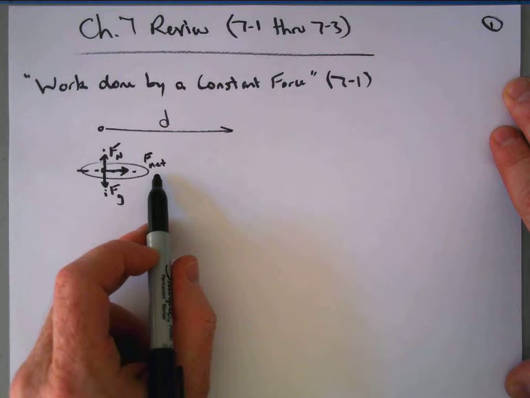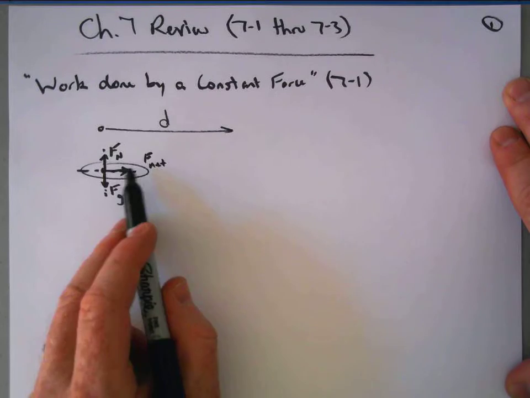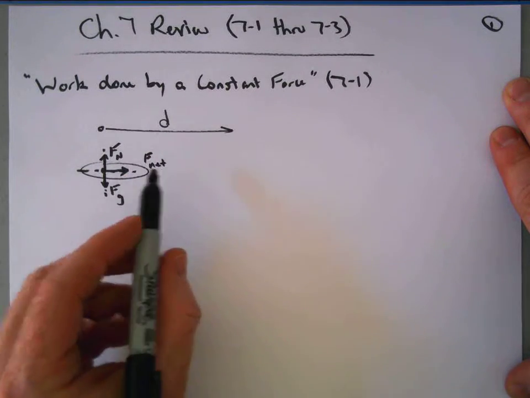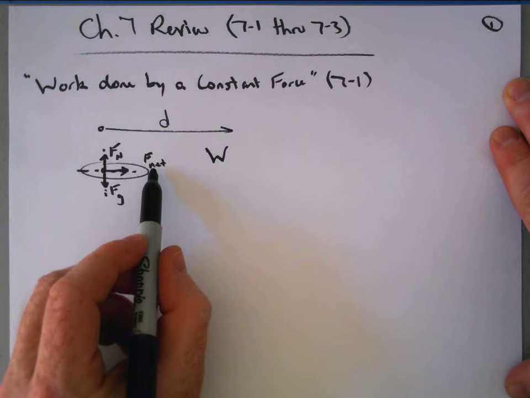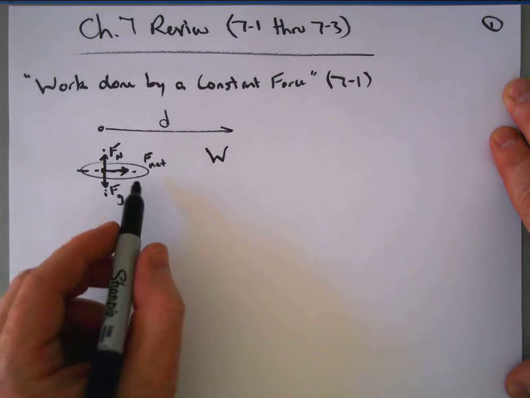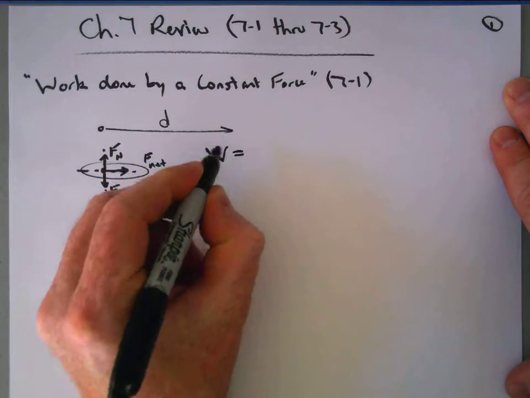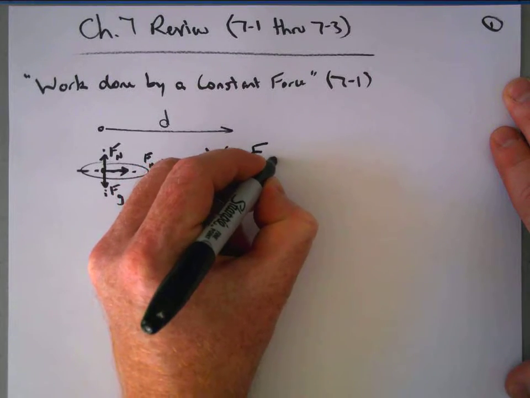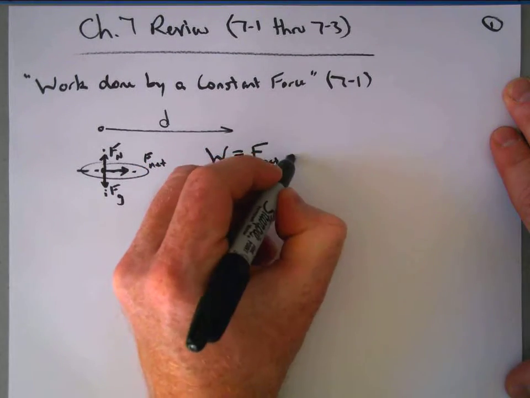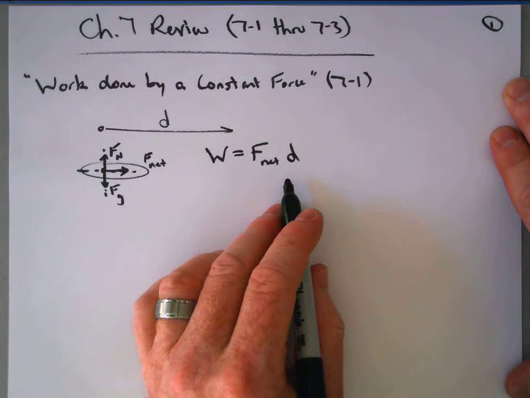So we have the force that is in the same direction, or parallel to the direction of travel, and this force is not being canceled by anything else. Even if it were, there would still be some work done by this force, but we have work done by the net force in this case, and it's a very simple equation: work equals force times distance.